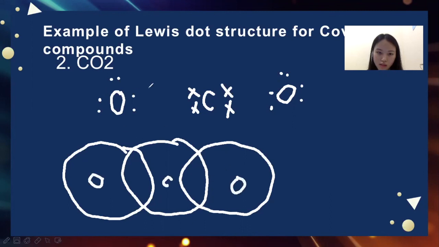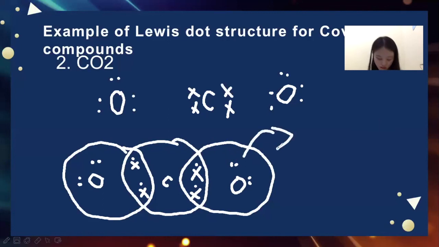Then put the dots here, and then you can just put the extra dots on this side. So now, when these elements get together, this is going to represent a double bond. And you can also write it this way.